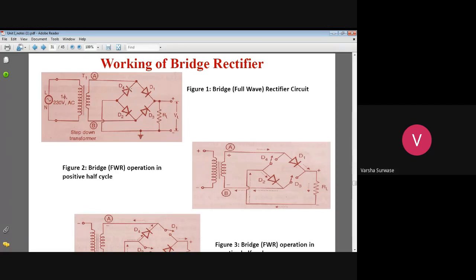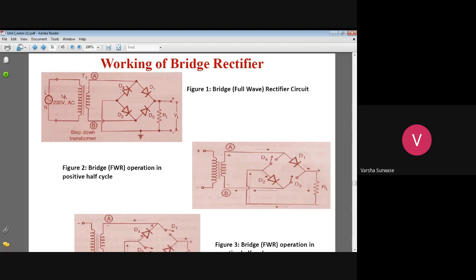The anode of diode D1 and the cathode of D4 are connected. Diode D1's cathode and diode D3's cathode are connected. Diode D2's cathode and diode D3's anode are connected. So this is the bridge type of structure.